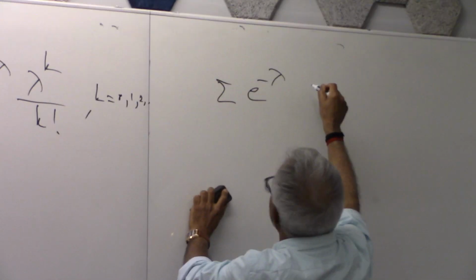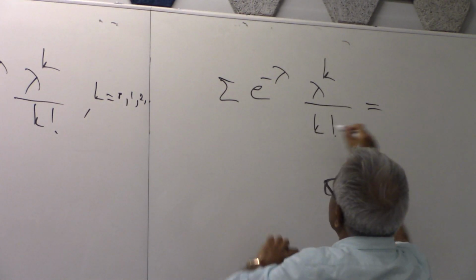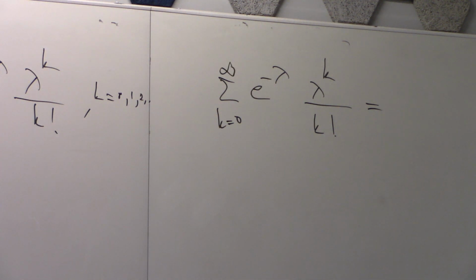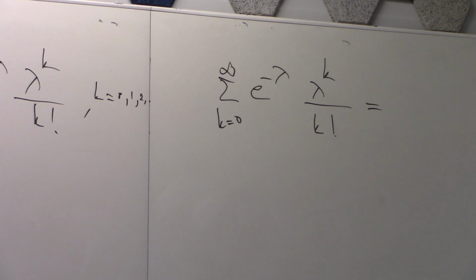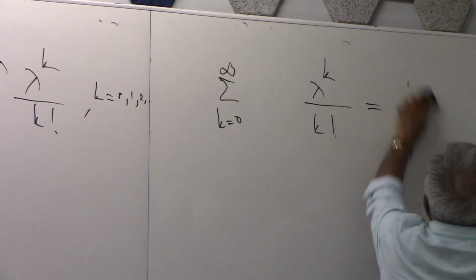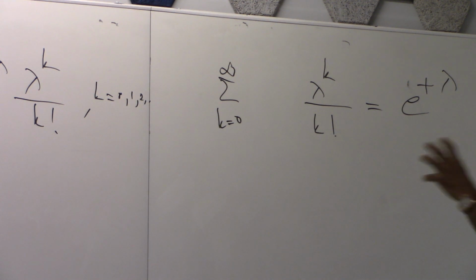I'll show you one way to compute this. So what's the value of this? Anybody? If I sum up the probability of x equal to k from 0 to infinity, this is equal to 1. I can rewrite this by taking the e raised to minus lambda to the other side.